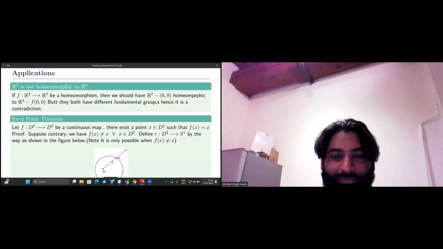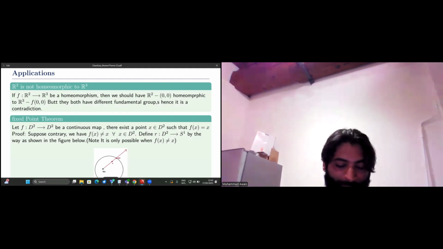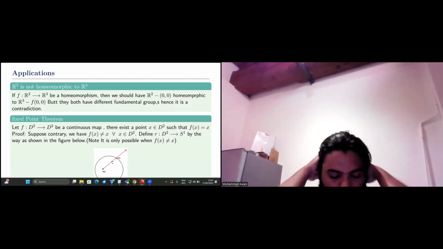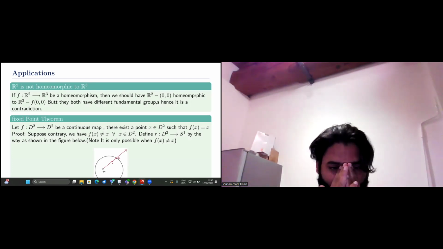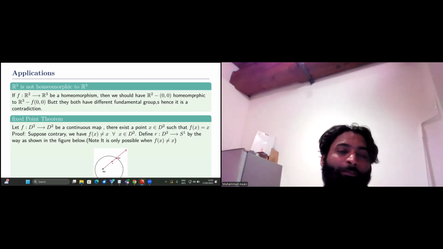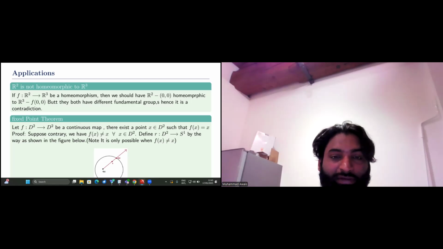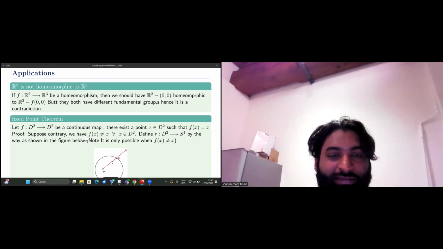So it's good. Let's see another application. It's a very important theorem, the fixed point theorem. It's such a fancy statement.